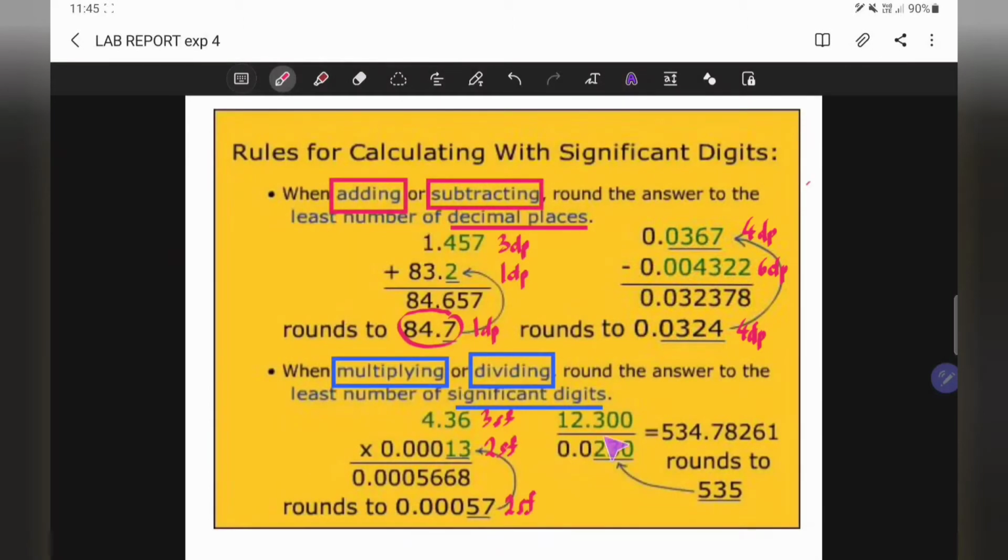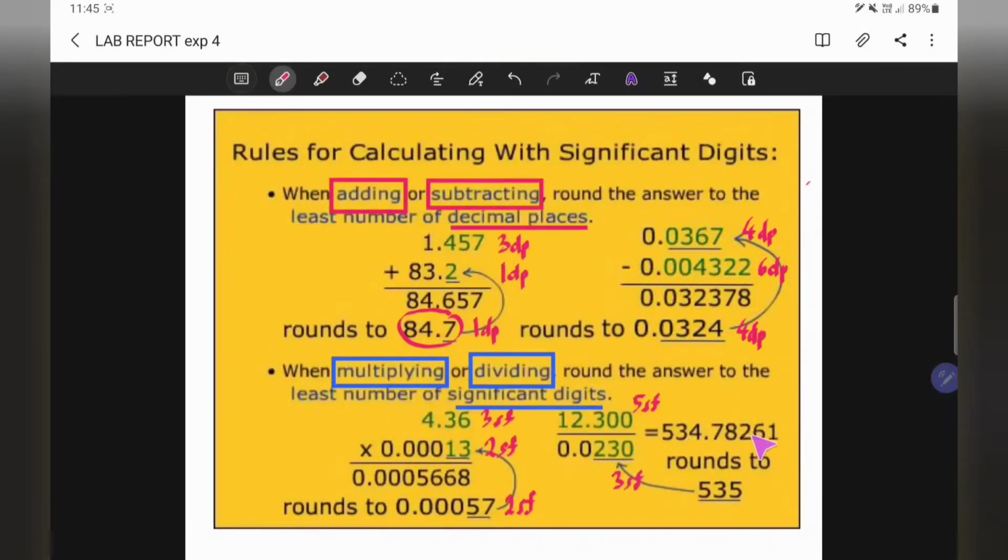Another example is under the division process: 12.300 divided by 0.0230. For the first one, we have 5 significant figures, and here we have 3 significant figures. Between 5 and 3, the least number is 3.